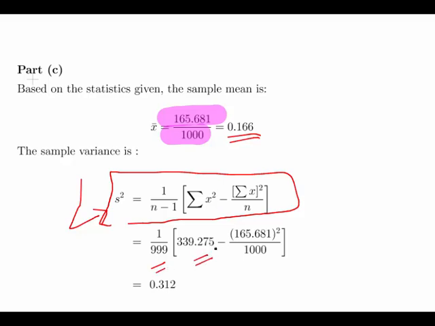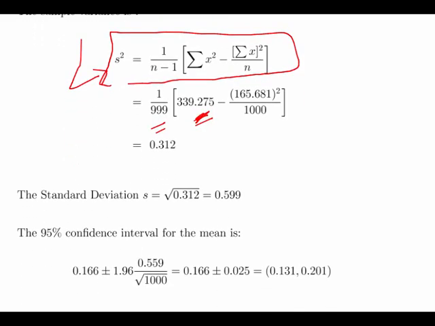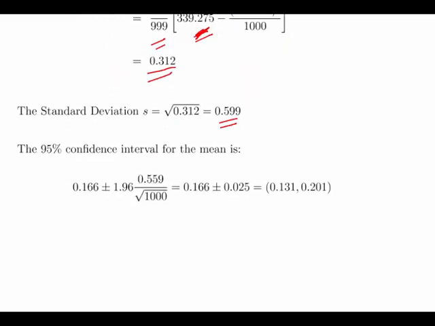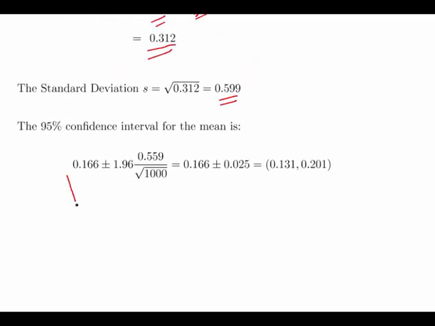We're given this number here, 339.275, and this number here, 165.681, and then we work it out to get a variance of 0.312, which means the standard deviation there is 0.599. That means using the standard confidence interval formula, point estimate plus or minus the quantile times the standard error.